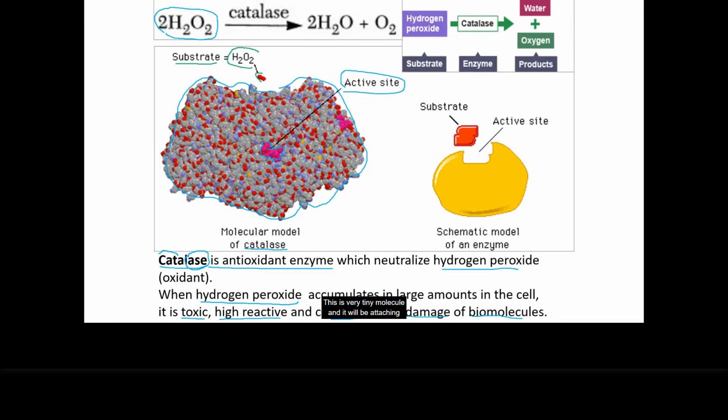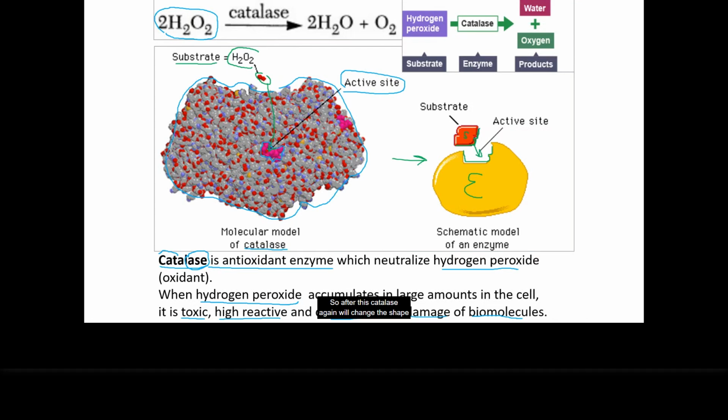This is a very tiny molecule, and it will attach to this active site by a key and lock mechanism, which is shown here. We see this is the enzyme, this is the substrate, and you see that the active site has a very unique shape, so that only one type of molecule with exactly the same shape can fit in here precisely, like a key and lock.